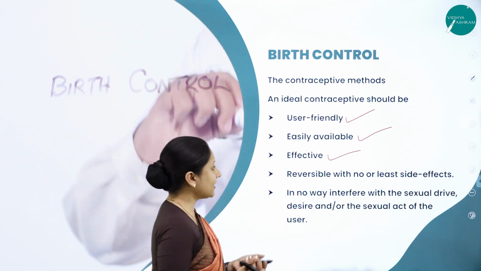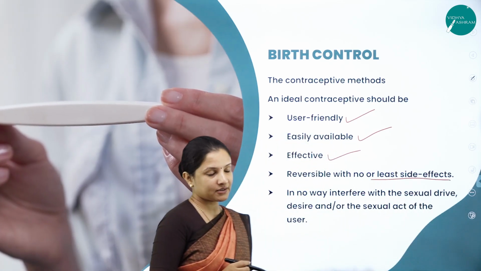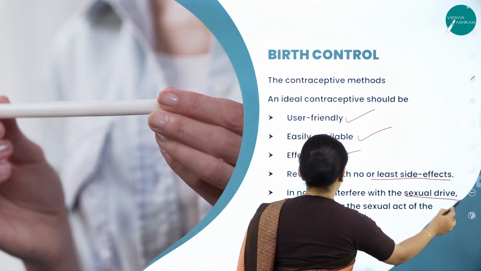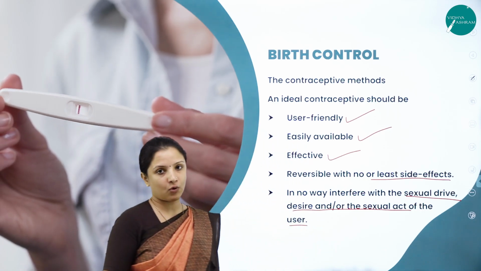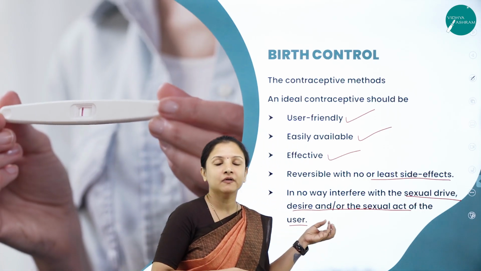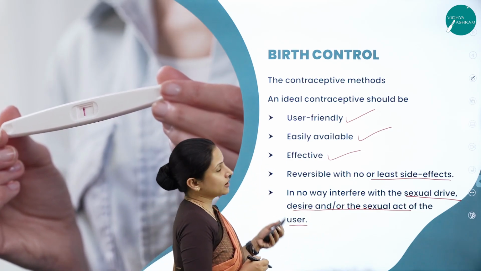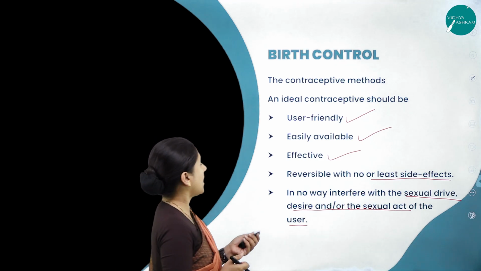So to avoid that, it should have the least side effects or no side effects at all. And it should not interfere with the sexual drive or desire of the individual, because whoever is using it should not have any problem with using it. So those are some of the ideal features that a contraceptive should have.